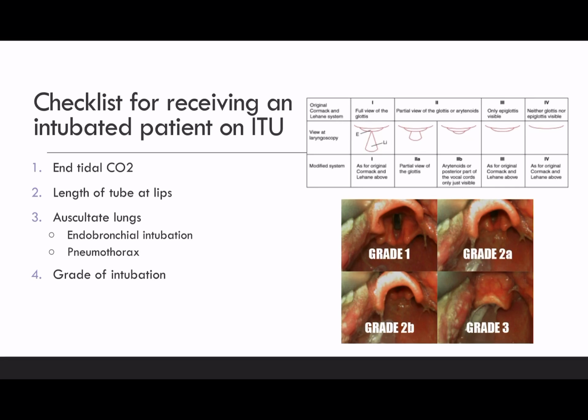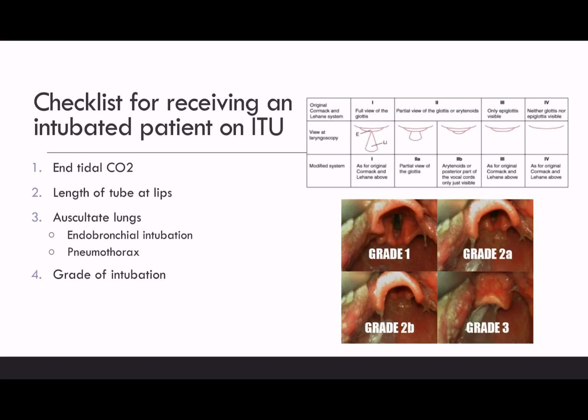The first thing is always to check for an end-tidal CO2. Because as we said before, an end-tidal CO2 confirms that the tube is sitting in either the trachea or the bronchus. You won't know which without listening and without looking at a chest x-ray, but it tells you that at least you're getting oxygen into the lungs.